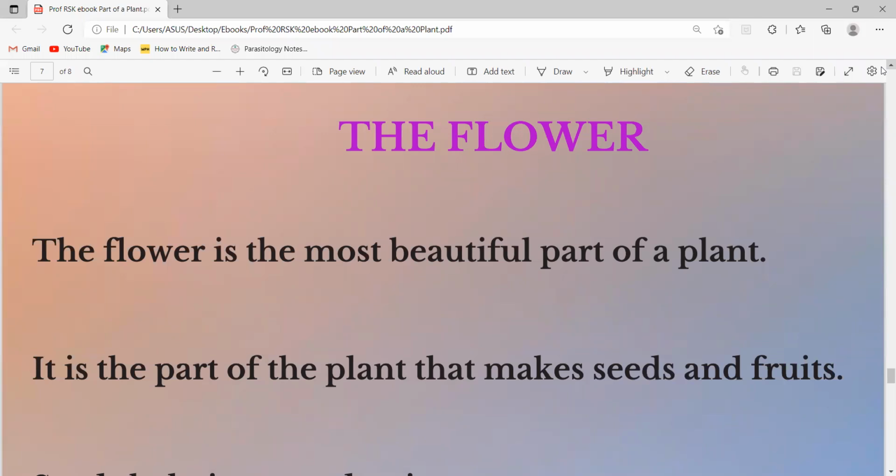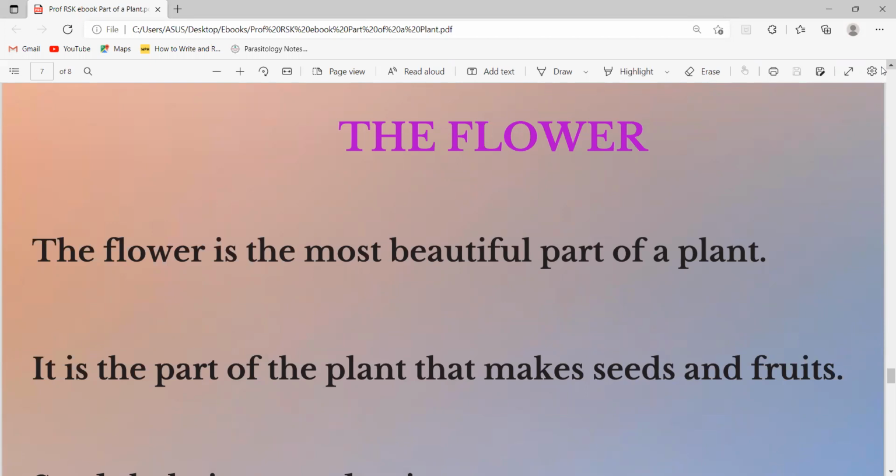And then from pollination, we can have fertilization, and then we can also have fruiting. Okay, so it is the flower that helps the plants to bear fruit. All right, so let us take note of that.